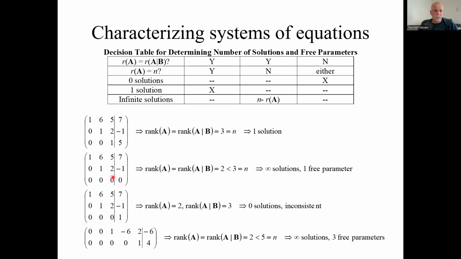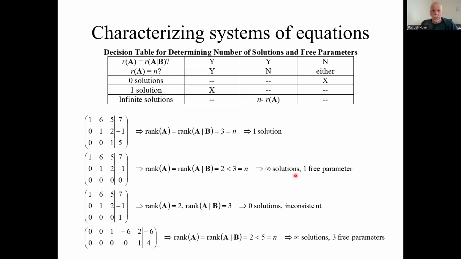Here, the rank is only two, you've got an all-zero row here, and same thing for the augmented matrix because it's a zero here. So the ranks are equal, but they're less than n. n is 3 here, and the rank is only 2.